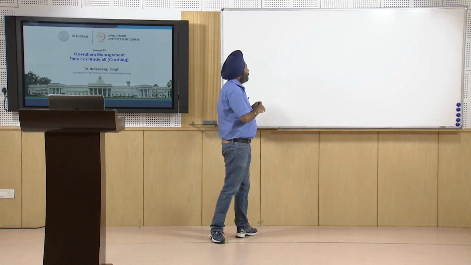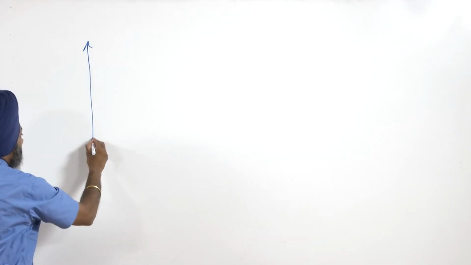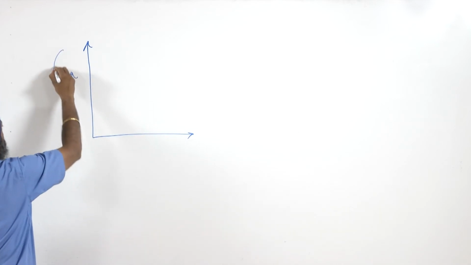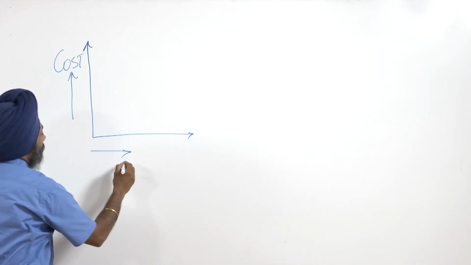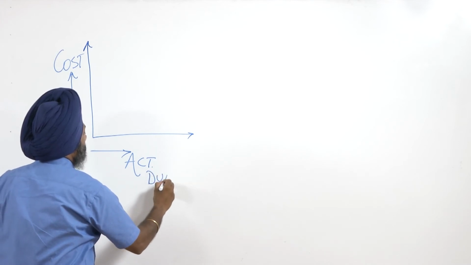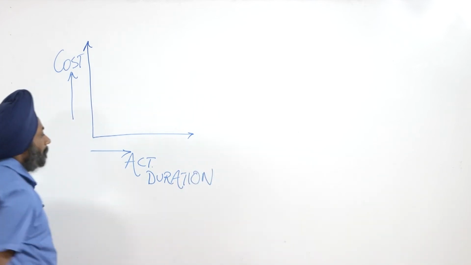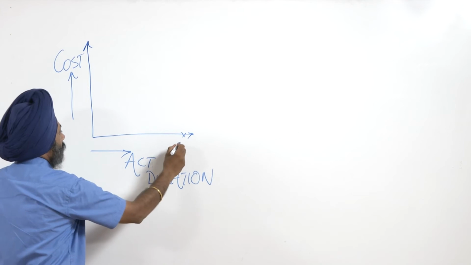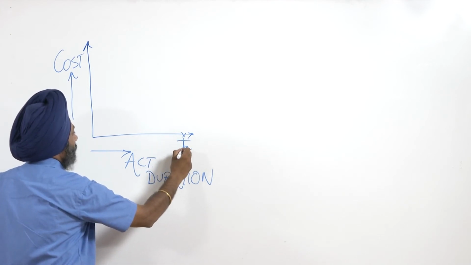You can see this is cost and this is the activity duration. Now suppose this is the normal duration, which I call tn.